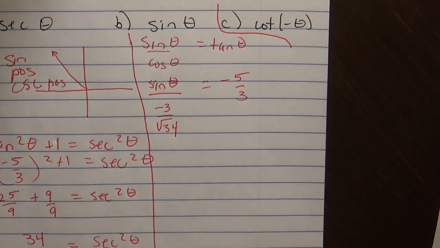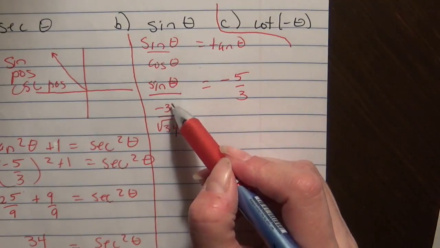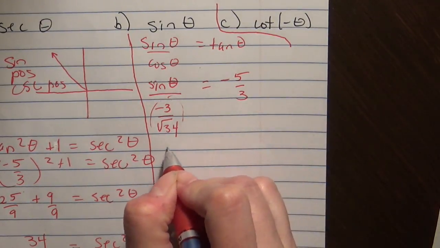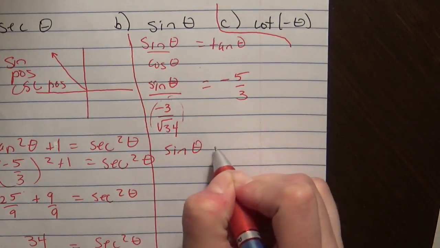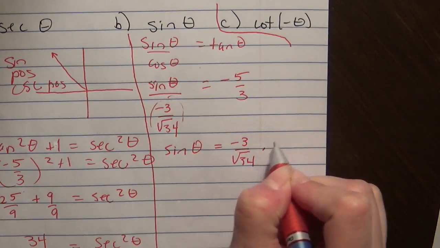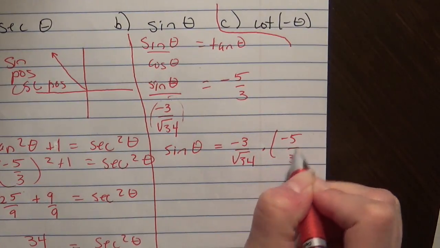Okay, so we got this big nasty fraction here, but that's okay. To solve this, why don't you just multiply both sides by this fraction? I think that's probably the easiest way to do it. So you'll have sine theta equals negative 3 over the square root of 34 times negative 5/3.